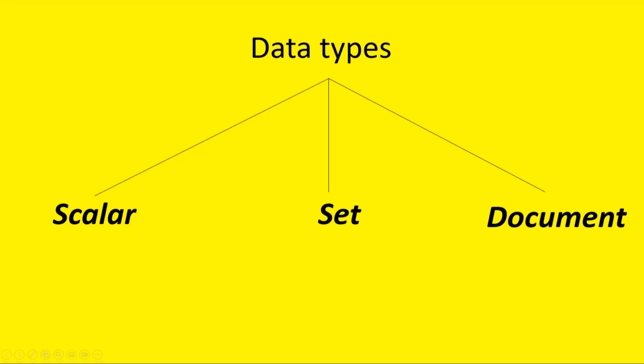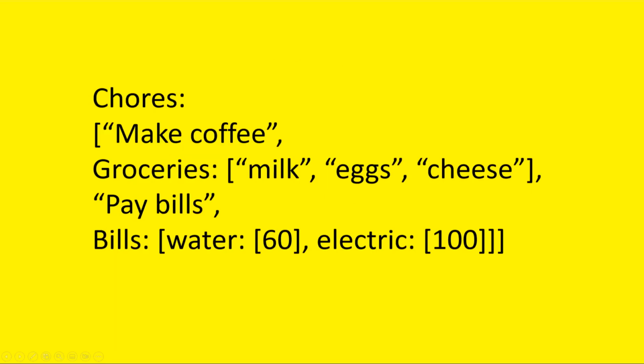So we have a list document type, which can store an ordered collection of values of any type. Notice the contrast with sets. We said that a set was an unordered list, whereas here we've now got an ordered list. So we're within the document category. And then we have an example.